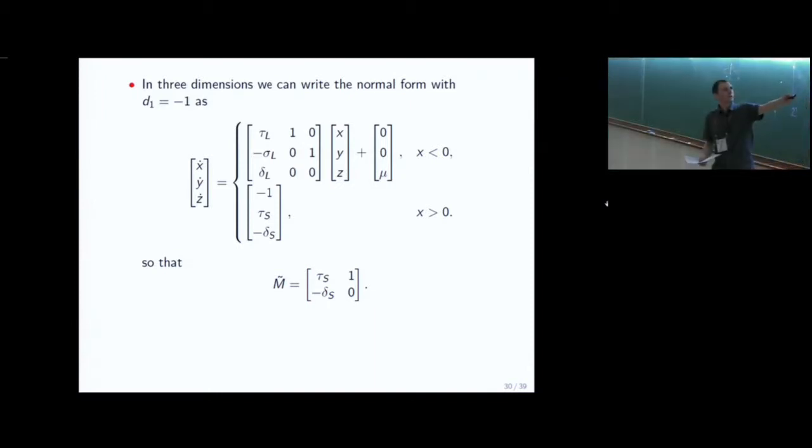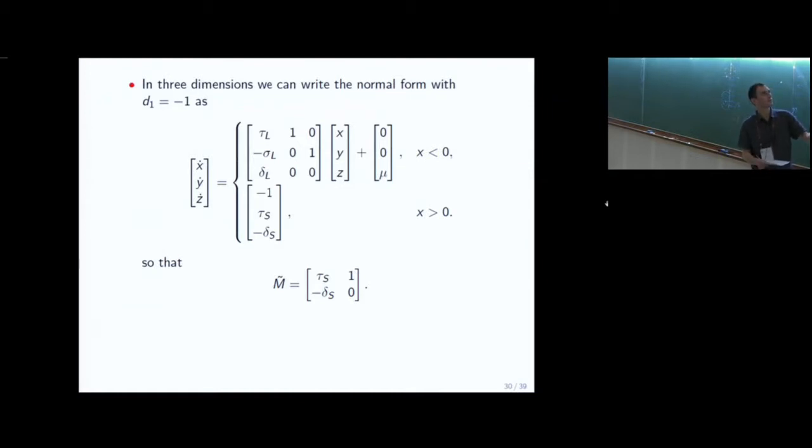And then I've also got new names for my parameters in the vector D. So again, I'll assume D1 is -1. So here are my parameters D2 and D3. But we saw last time, when we write down the sliding vector field or the normal form, then we get this nice companion matrix in the normal form.